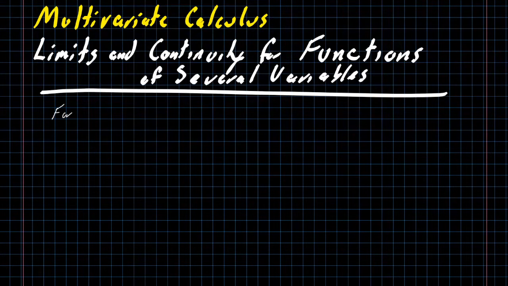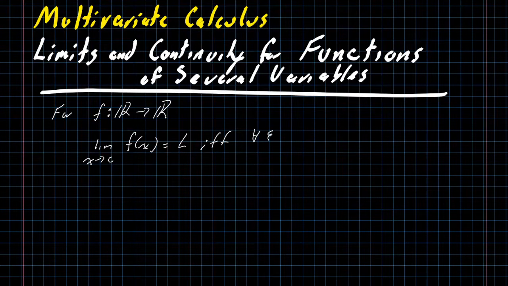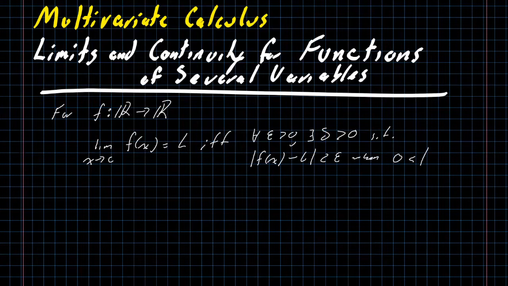So for a function which maps from the real numbers to the real numbers, the function of a single variable that you learned about in first semester calculus, we can say that the limit as x approaches c of f of x is equal to L if and only if, for any value of epsilon greater than 0, there exists a delta greater than 0 such that the absolute value of f of x minus L is less than epsilon whenever 0 is less than the absolute value of x minus c is less than delta.